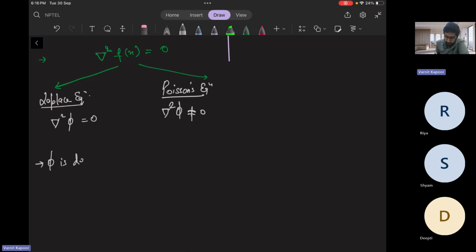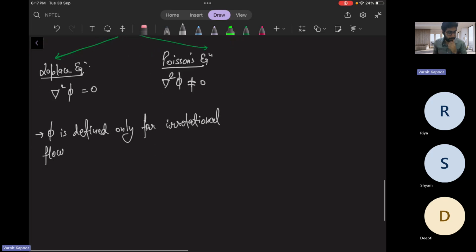Both the stream function and the potential function are nothing but mathematical expressions to understand the rotationality of the flow.